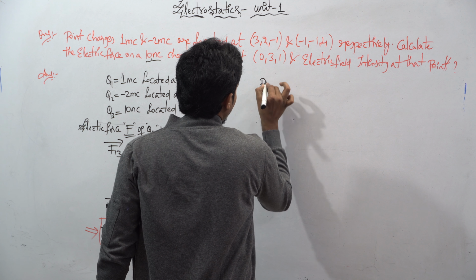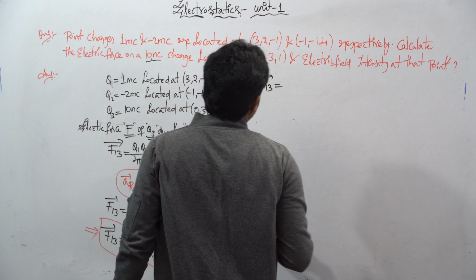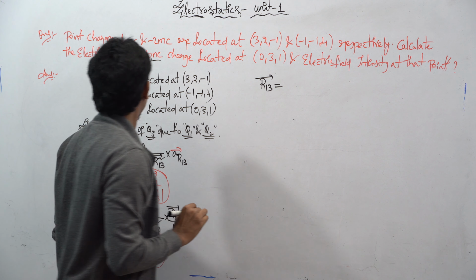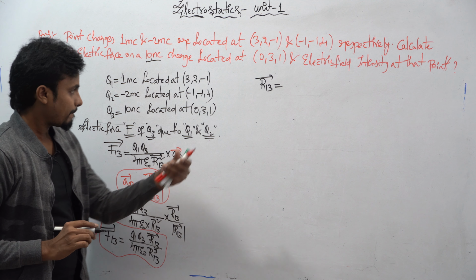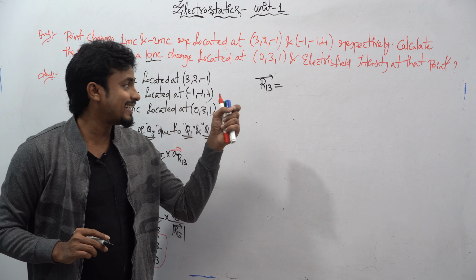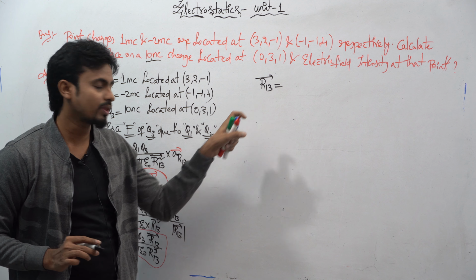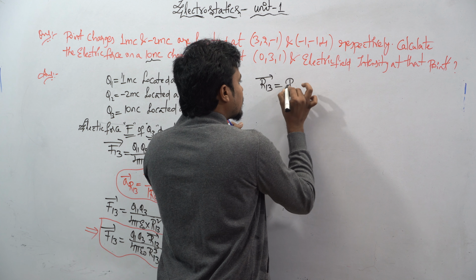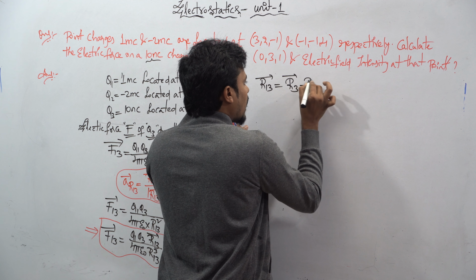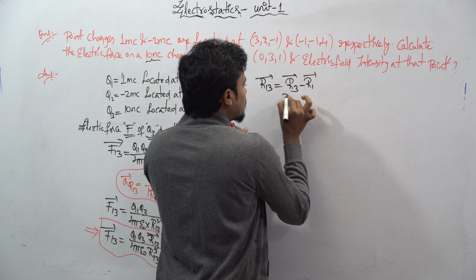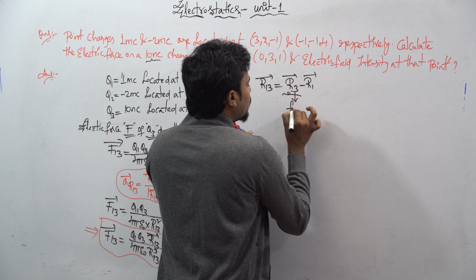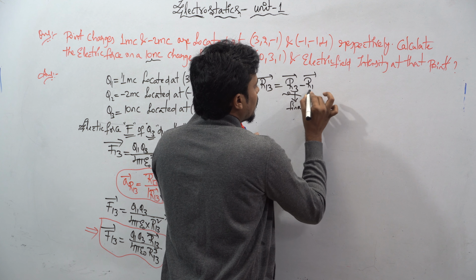I will take these as position vectors. If you want the displacement vector, R13 bar will become R3 bar minus R1 bar, right? Here this will be my final value and this will be my initial.